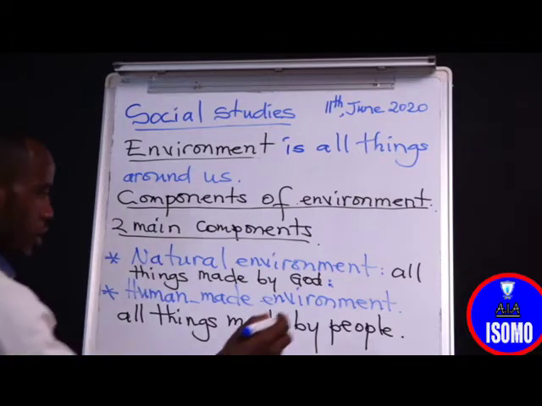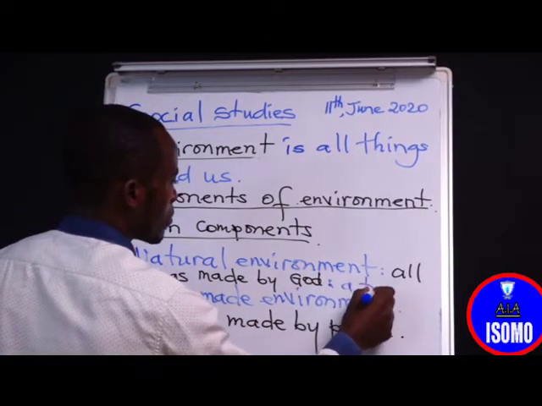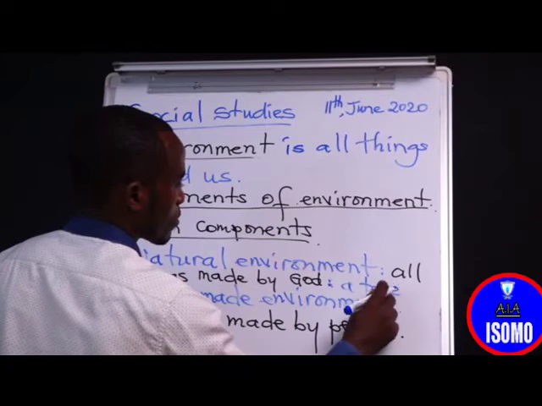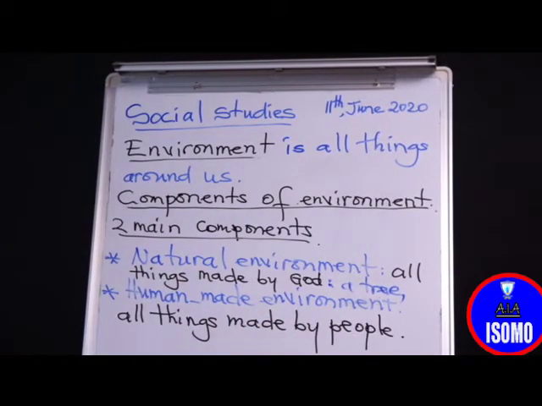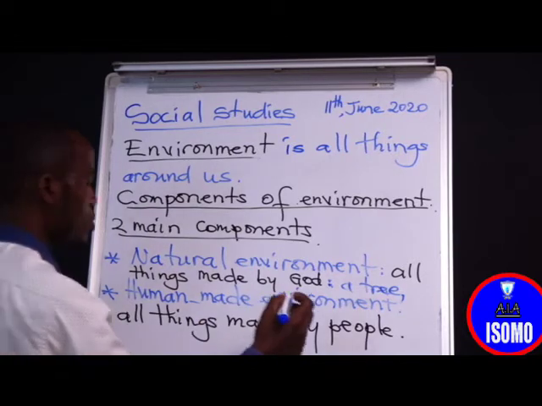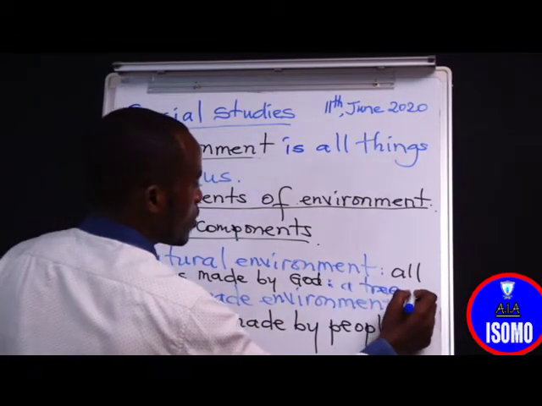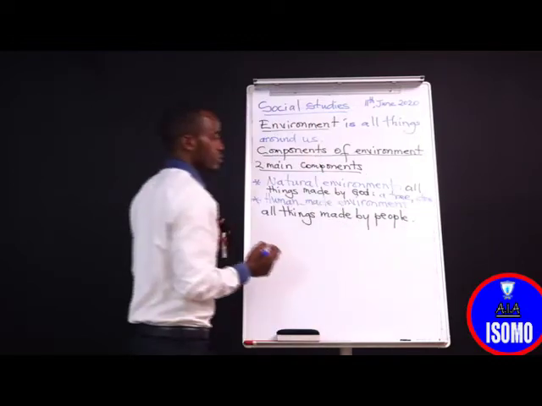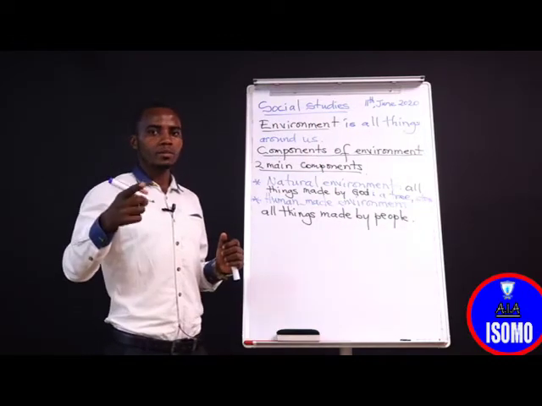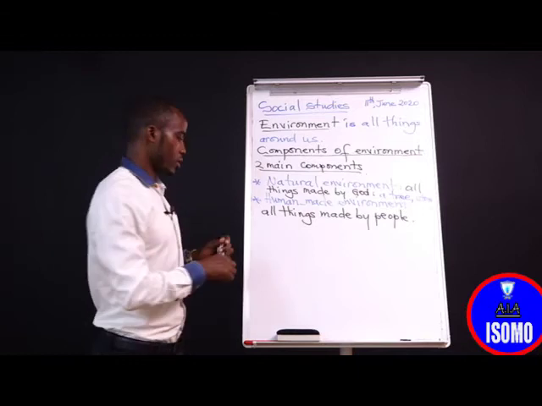A tree. A tree is among things made by God. Another one? A stone. A stone was made by God.